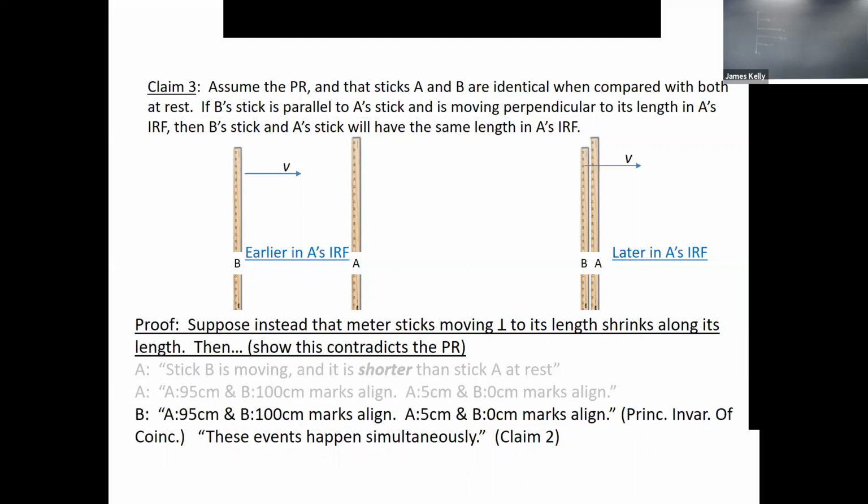What statement will B make about the stick, which stick is shorter? Jack just said stick B must be shorter, right?